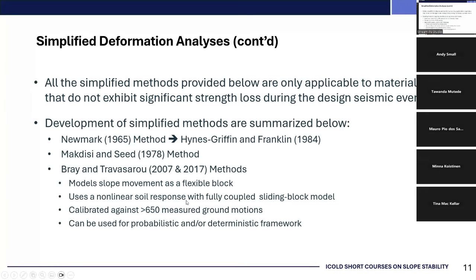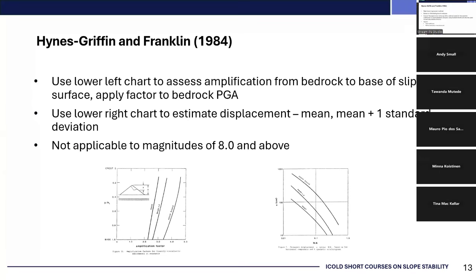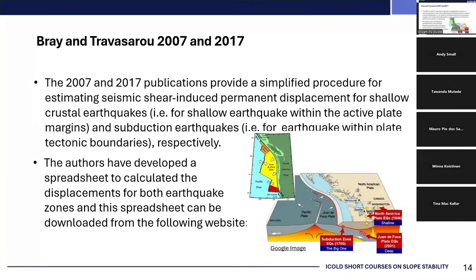It uses a nonlinear soil response with fully coupled sliding block models. It's been calibrated against 650 measured ground motions, and you can use it in probabilistic or deterministic frameworks. So I provide some information in this paper on Heinz, Griffin, and Franklin approaches. If you need to use it, fine. We're not advocating for it, so I'm going to skip past that.